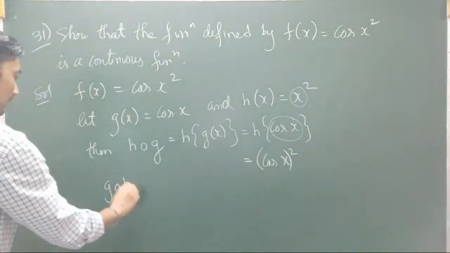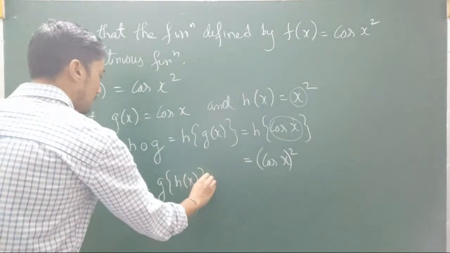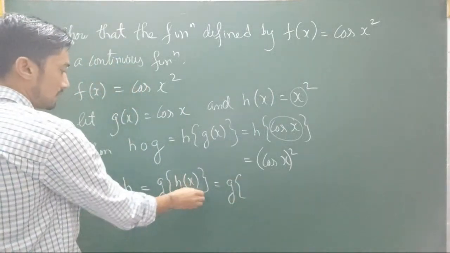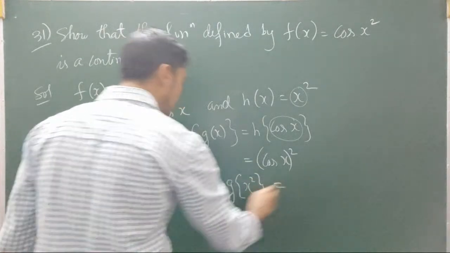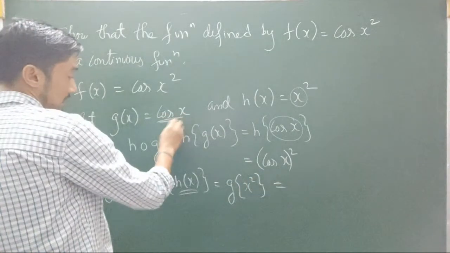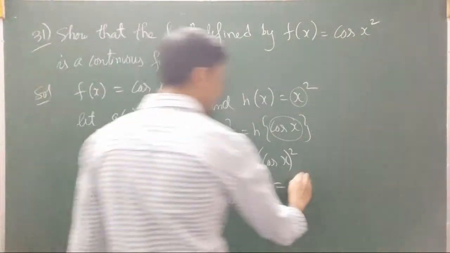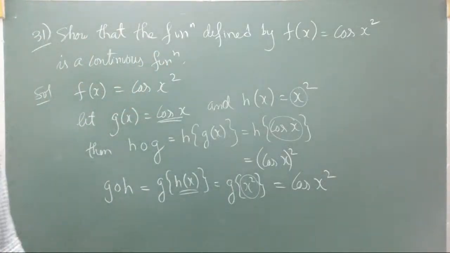Let's check for g on h. That's going to be g of h of x. What is h of x here? The function x squared. And what is our function g? It's cos x, where x is being replaced by x squared. So that becomes cos x squared.